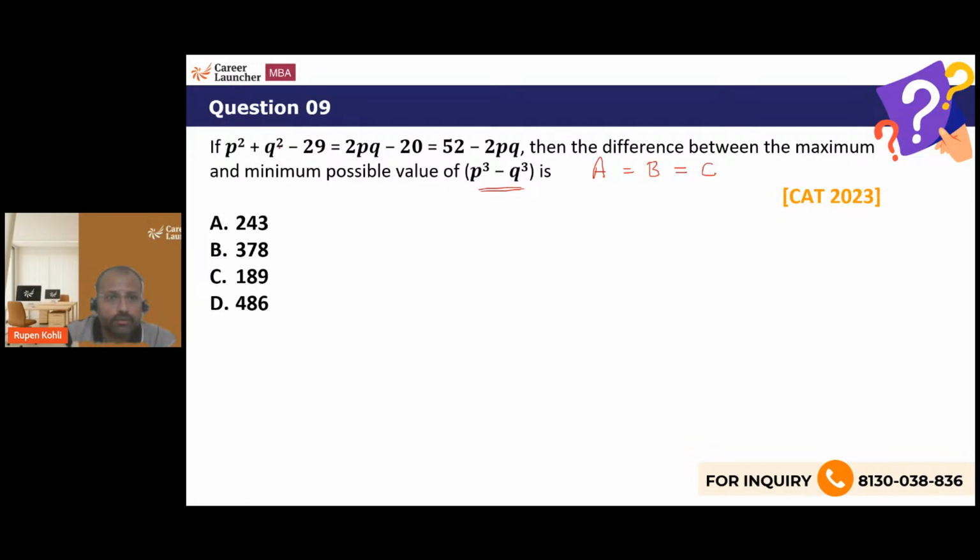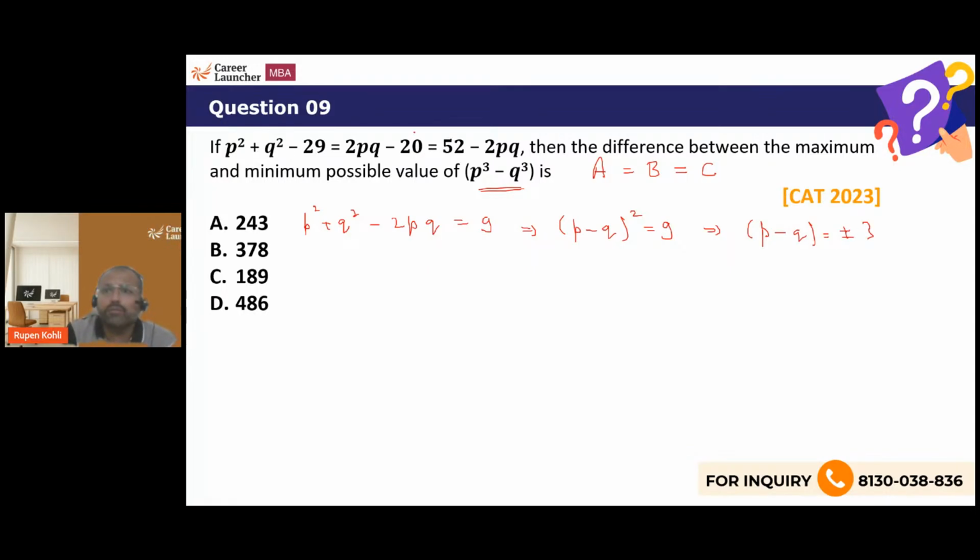First, I'm saying this is A, this is B, this is C. So A equals B gives us what? P square plus Q square, taking variables on one side and numbers on the other side, minus 2PQ. So 29 minus 20 is 9. So I'm wonderfully getting P minus Q whole square is 9, and therefore P minus Q is plus or minus 3.